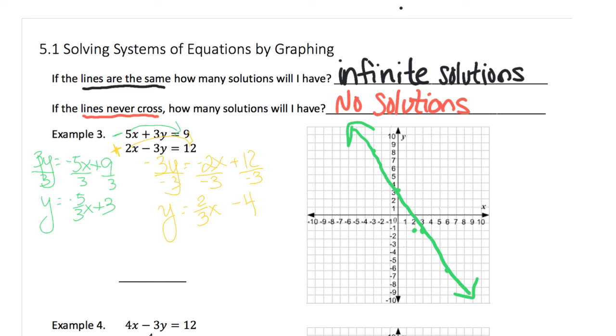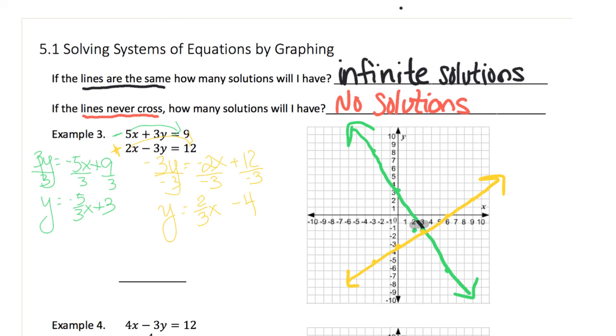So again, for this one, we at least just have to do a couple. So be really careful with these negatives down here because they're a little off. So we got to go up 2 over 3, up 2 over 3. I'm just going to do a couple, not the whole way, because I can see where they cross.